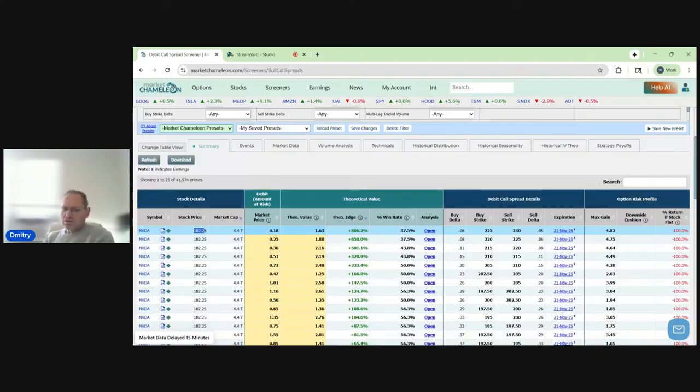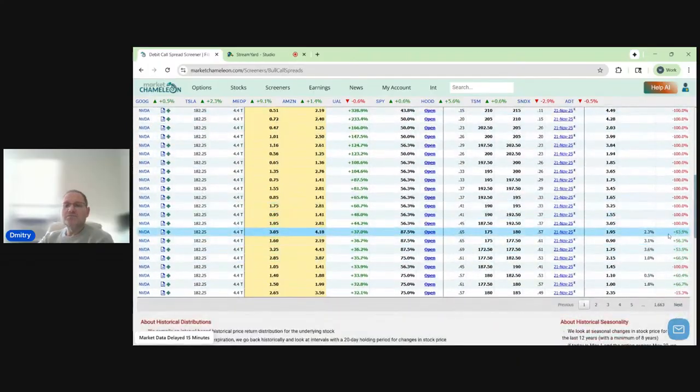So I'm going to slide down here just to show you scenarios. Here you have a stock price of 182.25, and you have strike prices of 175, 180. So you're buying the 175 strike, selling the 180, and right now it costs $3.05.